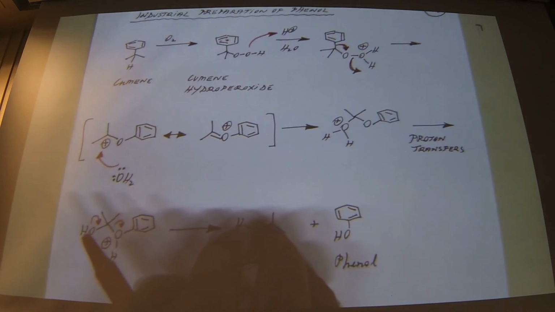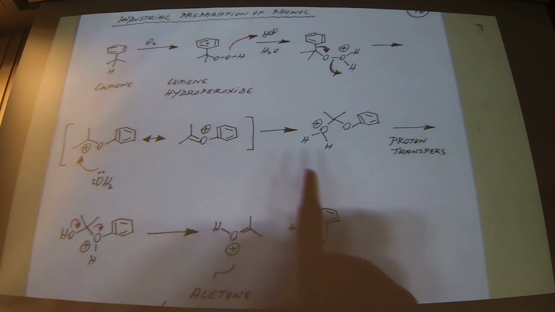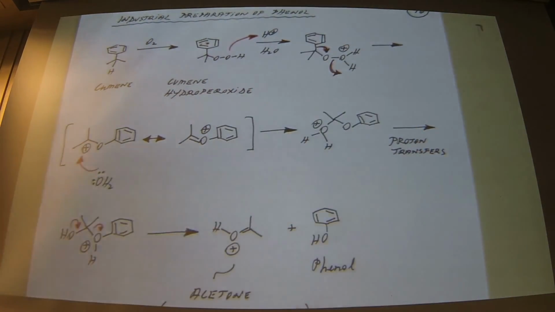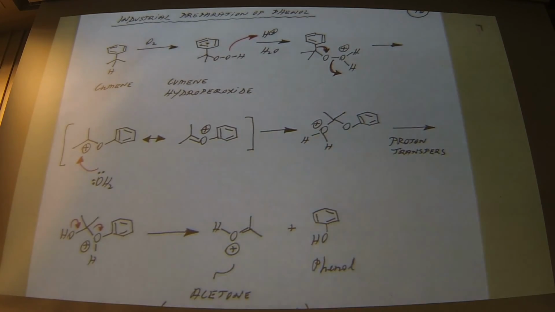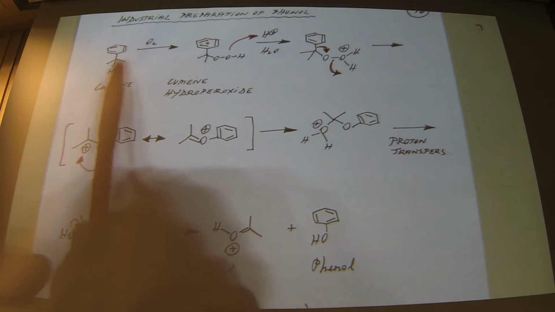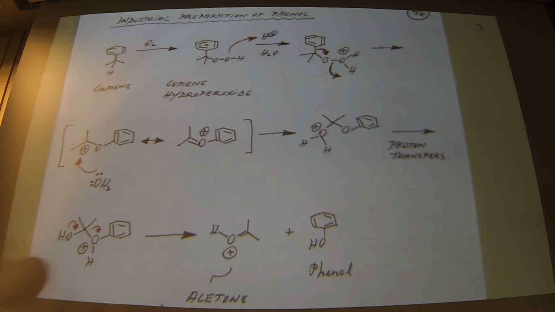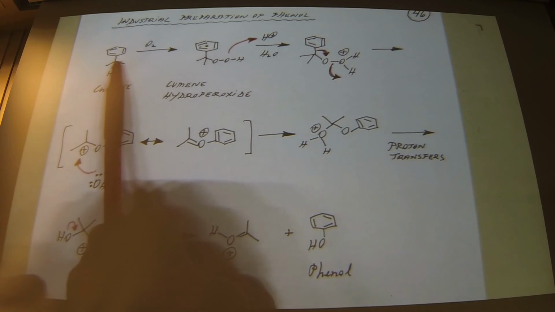Turns out phenols are commonly encountered in industrial settings too, because it is the industrial preparation of not only phenol, but acetone too. So cumene, which is isopropyl benzene, is easy to come by from the petroleum industry.